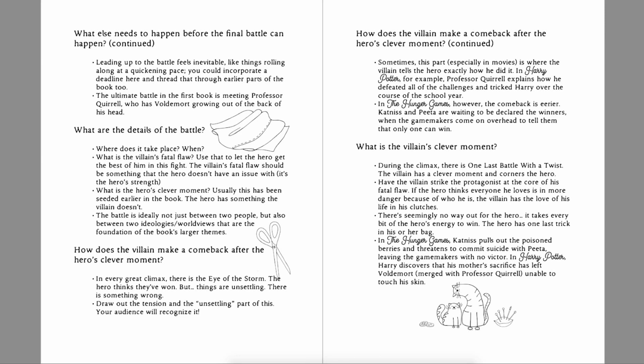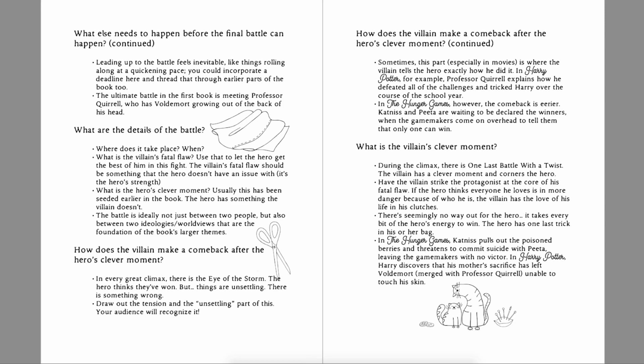But in the first Harry Potter book, Professor Quirrell does this unmasking, very literally unmasking Voldemort in the back of his head, but he also explains to Harry and the reader what happened and how he turned out to be the villain the whole time. So this is where that section goes as well, like the villain's monologue about how they're so clever and how they did it all.